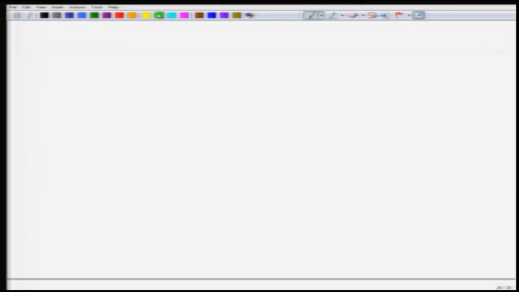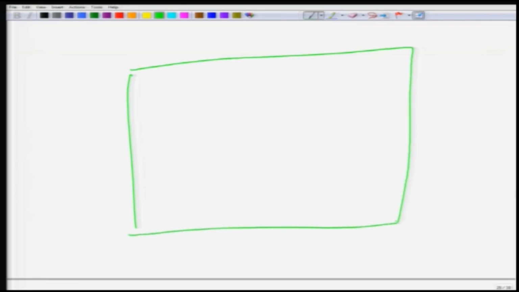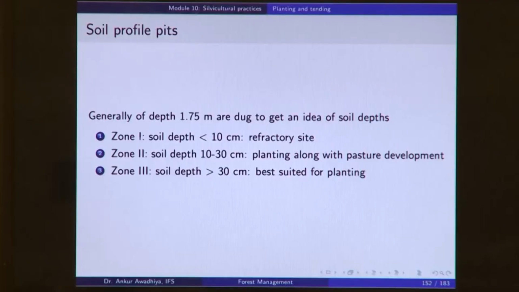So, if this is the area where you need to do the plantation, then probably you will dig a hole here, a hole here, a hole here, here, here, here, and so on. Now, when you are digging the hole, you will see till what depth is soil available, and depending on the depth, we divide the area into 3 different zones.